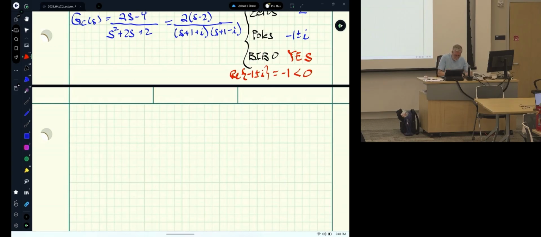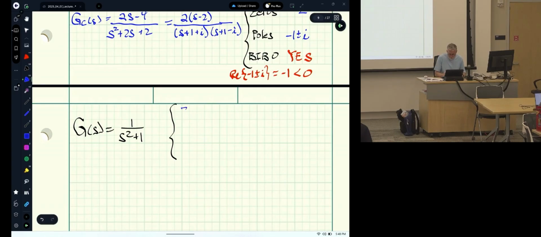Yeah, and then I think, let me do this quickly. Let me take g of s equals 1 over s squared plus 1. Okay, so that one really quick. Zeros, none.